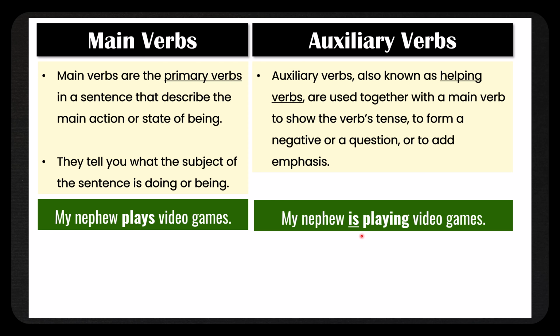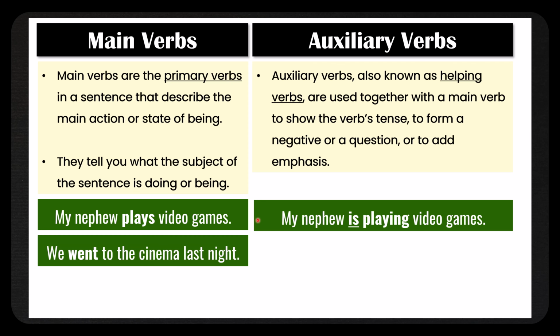But the second sentence is in the present continuous, and the verb is playing. This is the main verb. But we do have a helping verb, an auxiliary verb, is, from the verb to be. So the auxiliary verb helps the main verb to show the verb's tense.